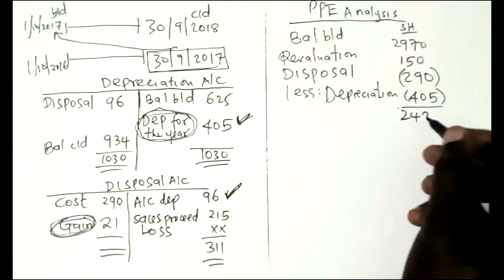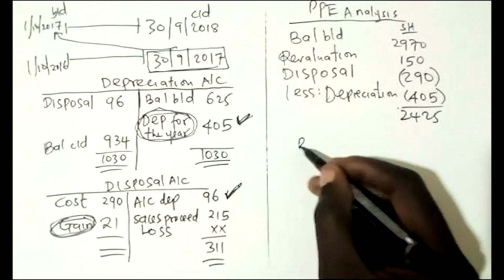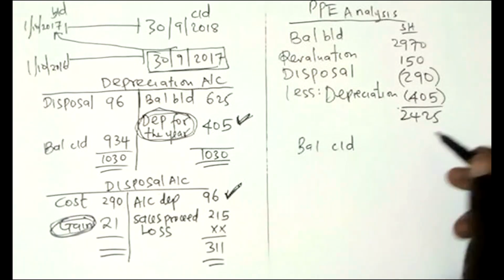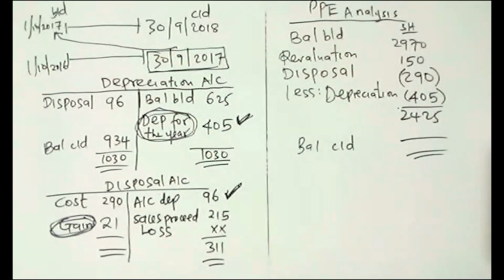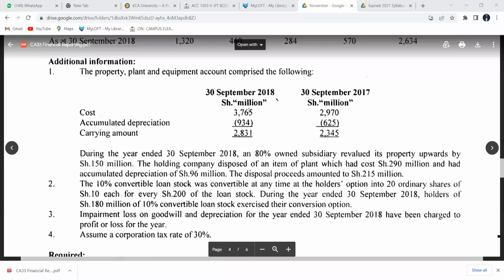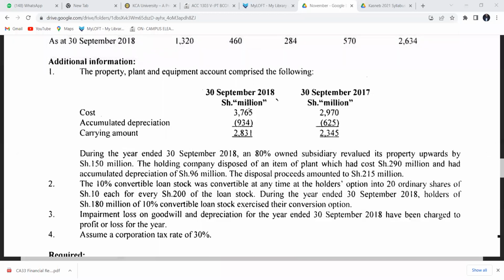So this is 2425. So the balance carried down here is 3765.